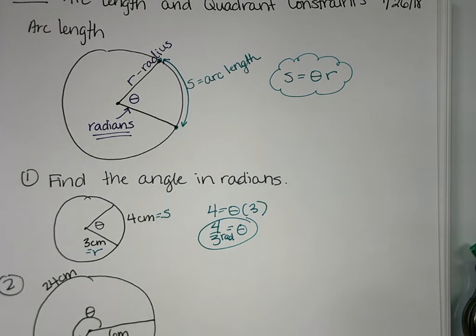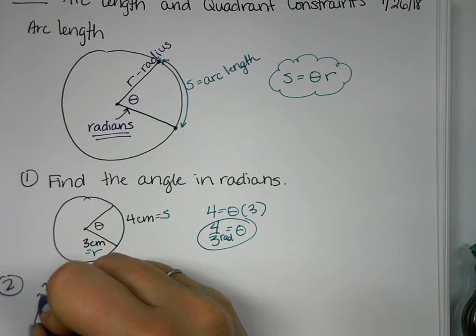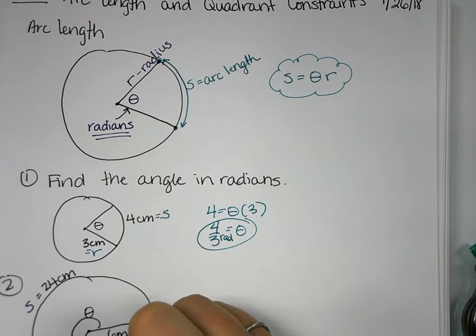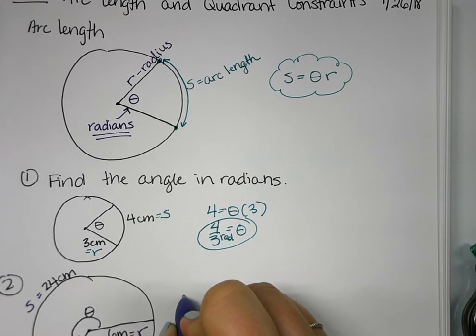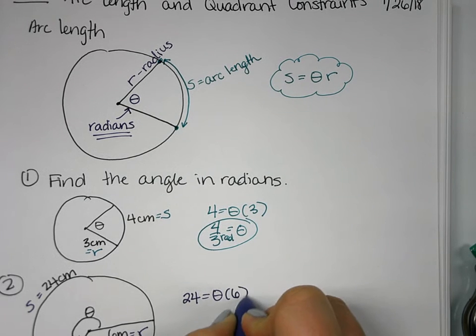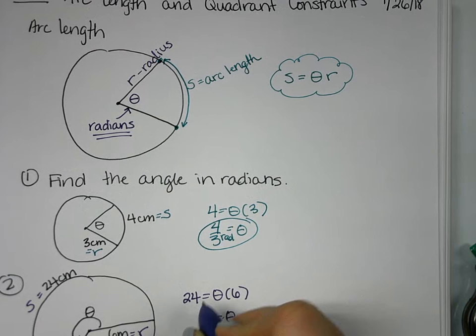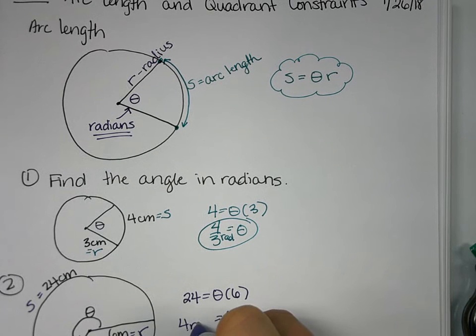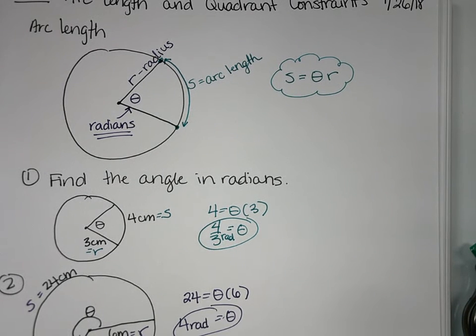So again, when we look at this, we're given the 24 is our arc, 6 is our radius, so 24 equals theta times 6. So theta would equal 4 radians. So again, this is a whole number radian that doesn't require us to have a pi in it.